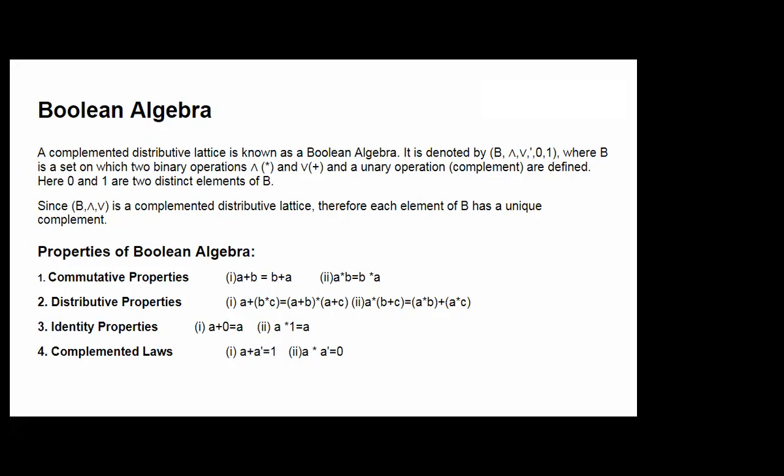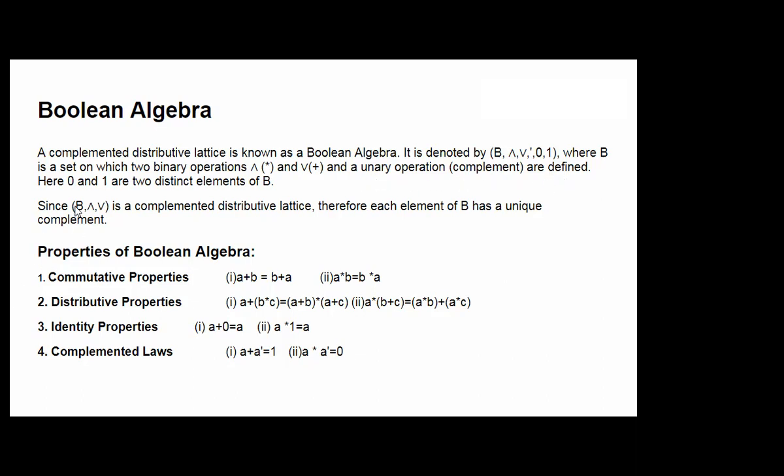We need two elements for that, A and B. Okay, if I have to perform A AND B operation, then AND is the binary operation, because it requires two elements. That is not with the complement. We can take complement of one element. If A is there, its complement is A complement. We do not need any other element for that. So it is known as unary operation.